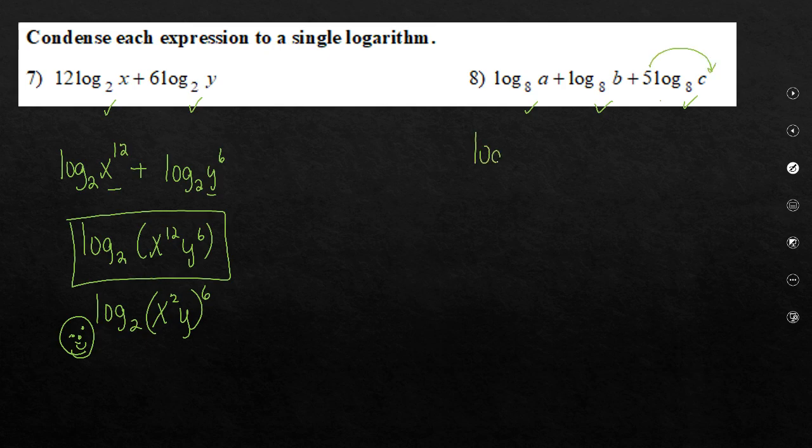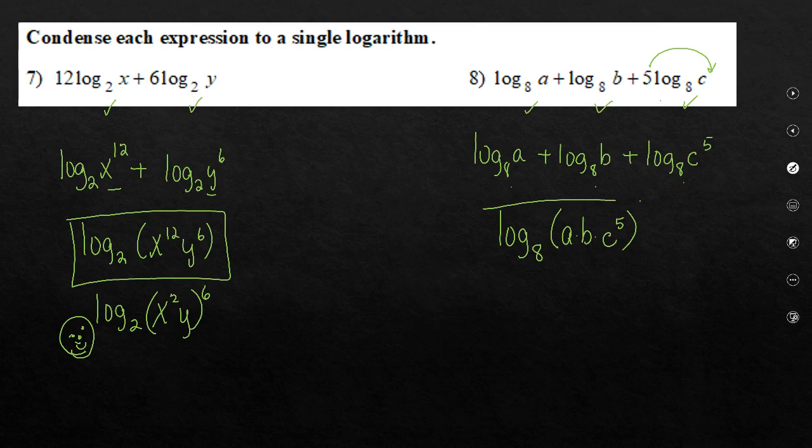So I'm going to take an extra step just to make sure that I write that last term, 5 log base 8 of c, as log base 8 of c to the 5th power. Now, I know I have all the same bases, so I can condense them: log base 8 of a times b, multiplied by c to the 5th. And again, that is our product property. They're being added, I condense with multiplication.